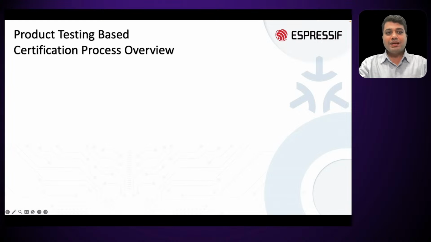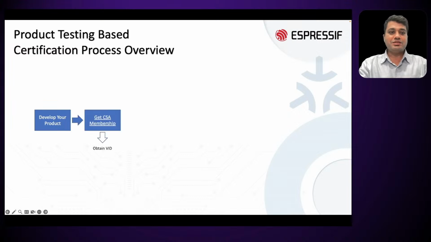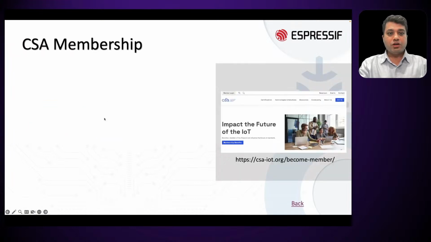So let's understand the product testing based certification process. It all begins with developing your own product. Once you have developed your product, the next step is getting the CSA membership. On the CSA portal, you can apply for CSA membership.